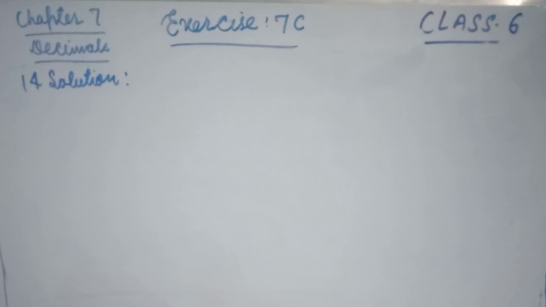Okay, now see question number 14, very simple question. First of all, write whatever is given, and you can see the question on the screen also. Radhika bought cloth for her salwar.